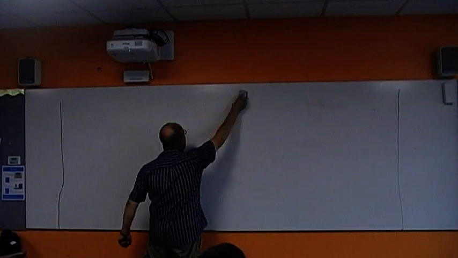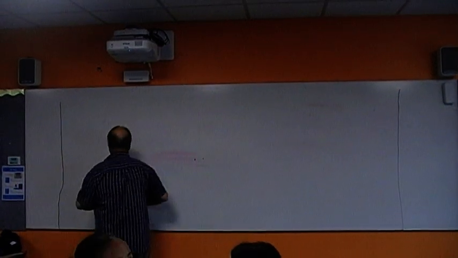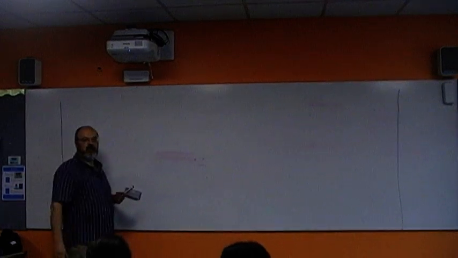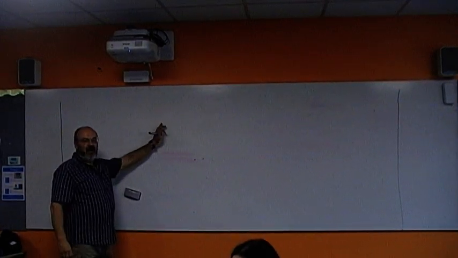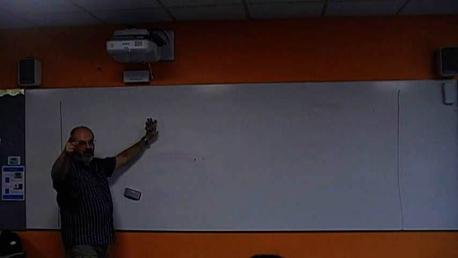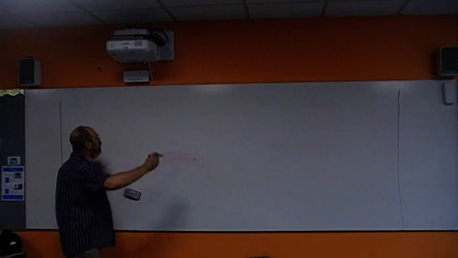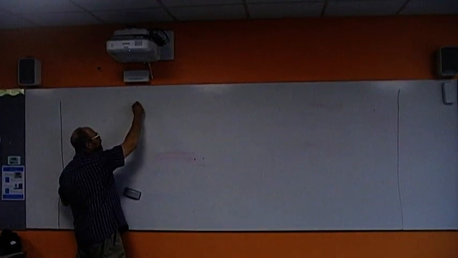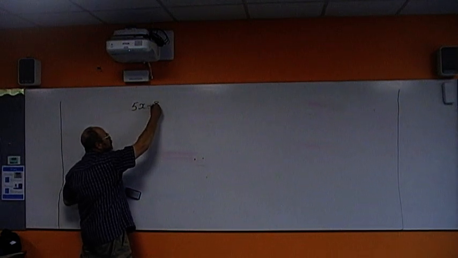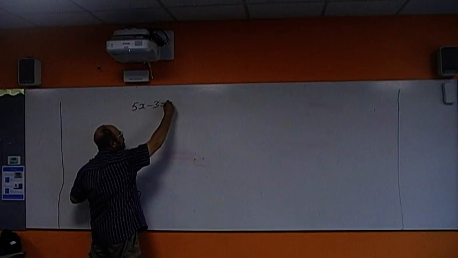Before, we were looking at equations that we could solve in one step, now we'll do two-step equations. So we have, for example, 5x minus 3 equals 21.